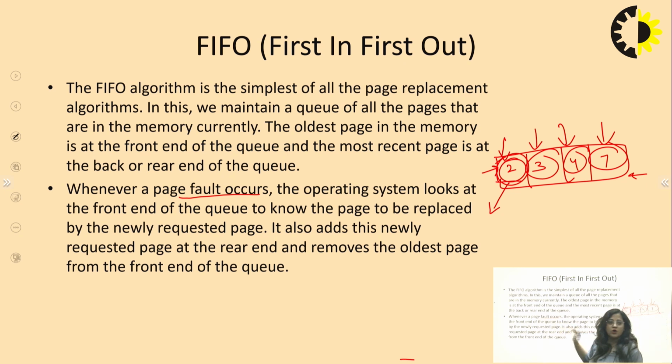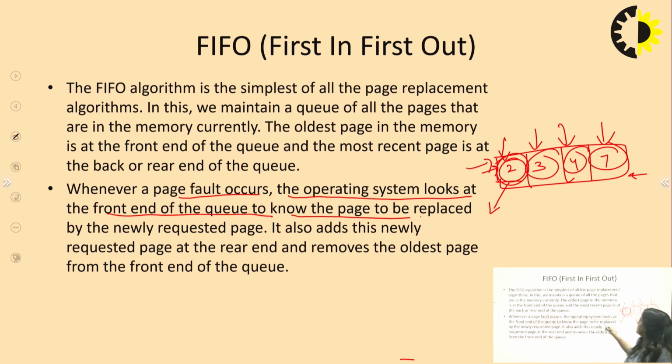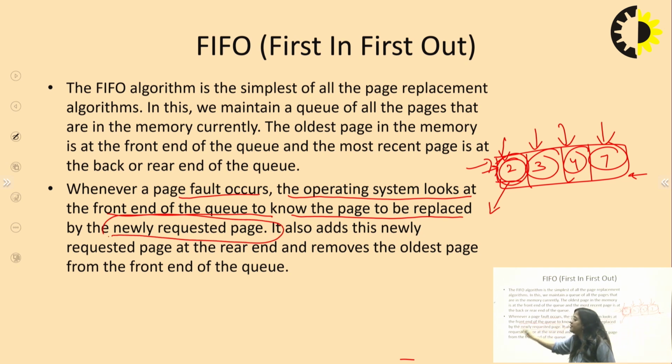At that time the operating system looks at the front end of the queue, which tells which page to replace with the newly requested page. This is the page demanded by the CPU. It is also added as a new request page here. So it is replaced by 2. The new demanded page, this newly requested page, is replaced by this page 2.